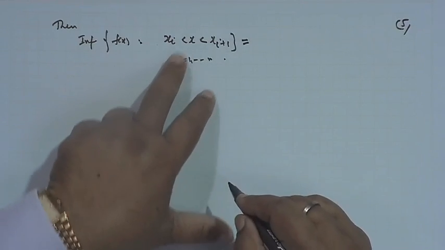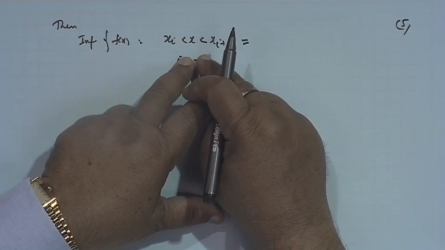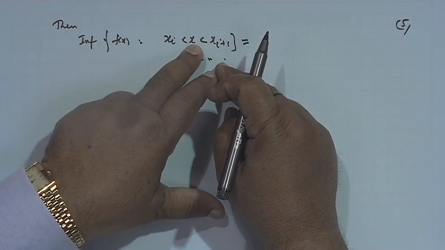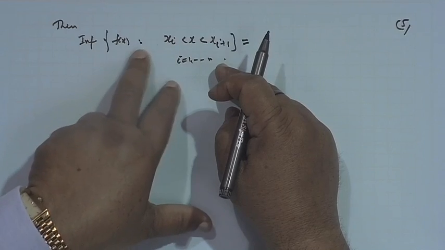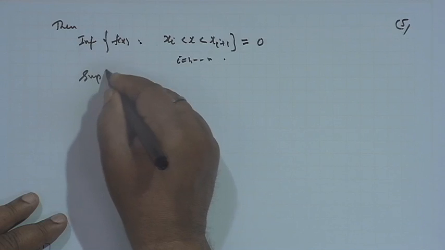Now, the function attains the value 0 as well as 1. When x is irrational, the value will be 0. When x is rational, the value is 1. So, f x will have 0 and 1 both. So, infimum is 0 and the supremum will be 1.